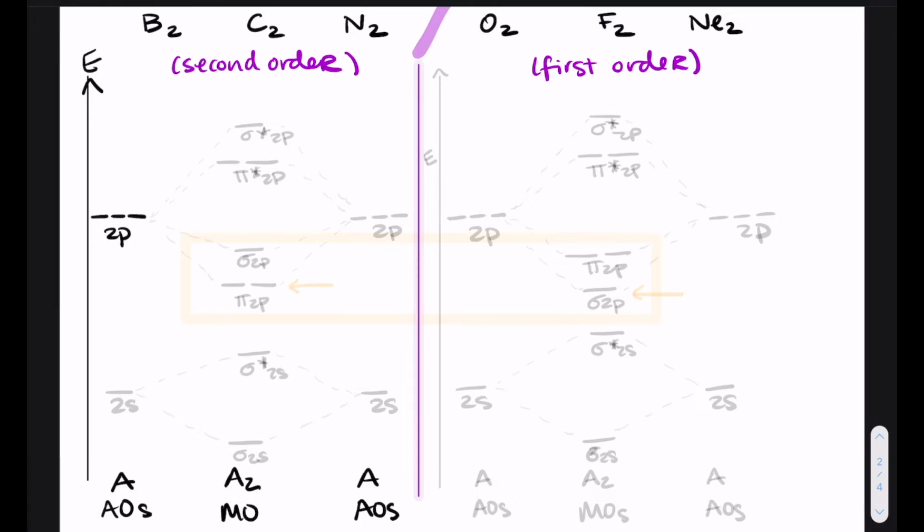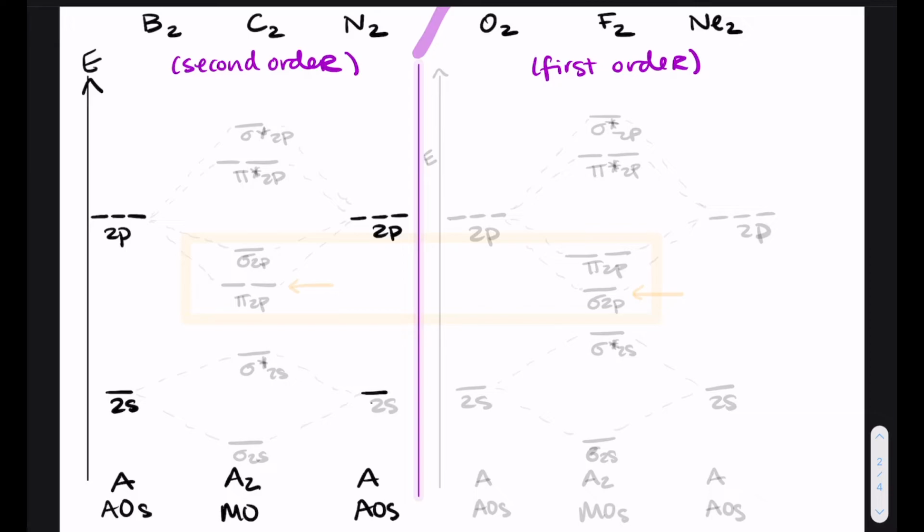Now I'm leaving off the core, so I don't have 1s on here. You could include it if you want to. For the 2s, the 2s overlaps with the other 2s. I get a sigma 2s and a sigma star 2s in my molecular orbital for the diatomic.